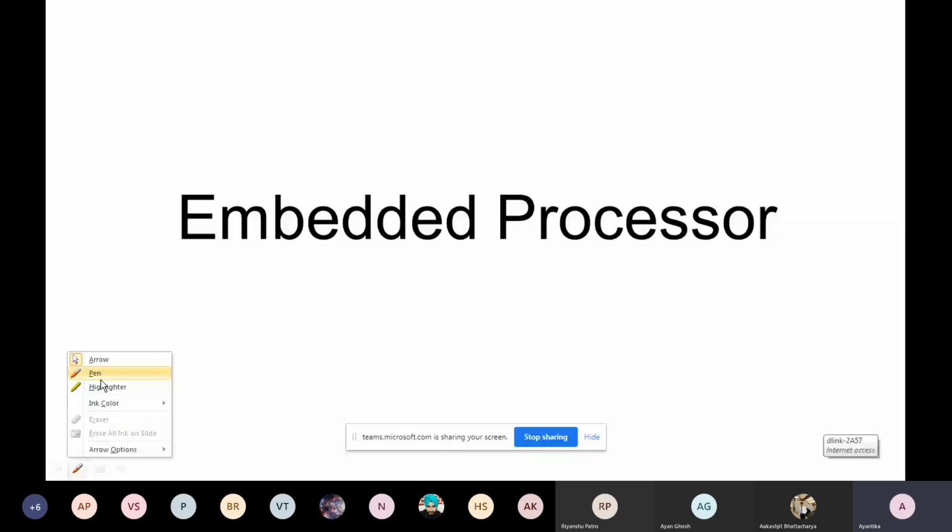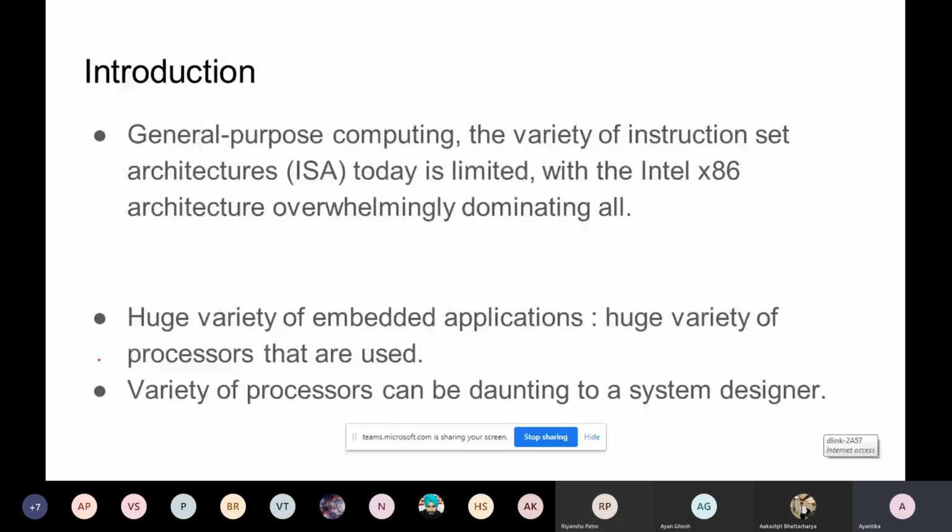So today, so far we have discussed modeling, different strategies of how to model different embedded scenarios. From today onwards, we will be focusing on the design part. For design, when we are trying to map our model to some processor, we have to know what types of processors are available and what our requirement is.